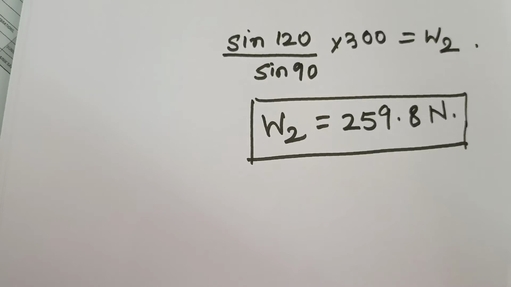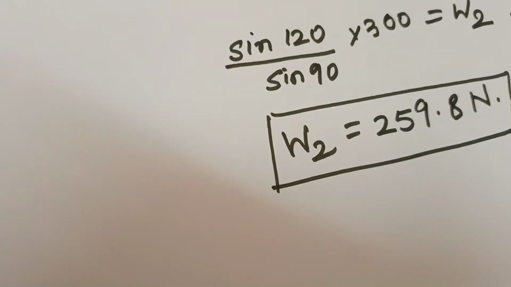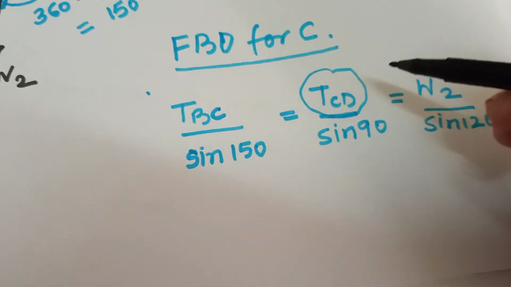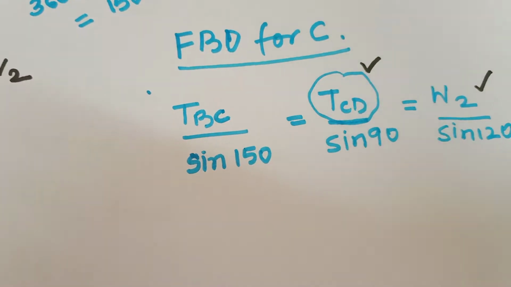Now I want to find out the force in the member BC. We know TCD, we have found out W2, so now what is left? TBC.